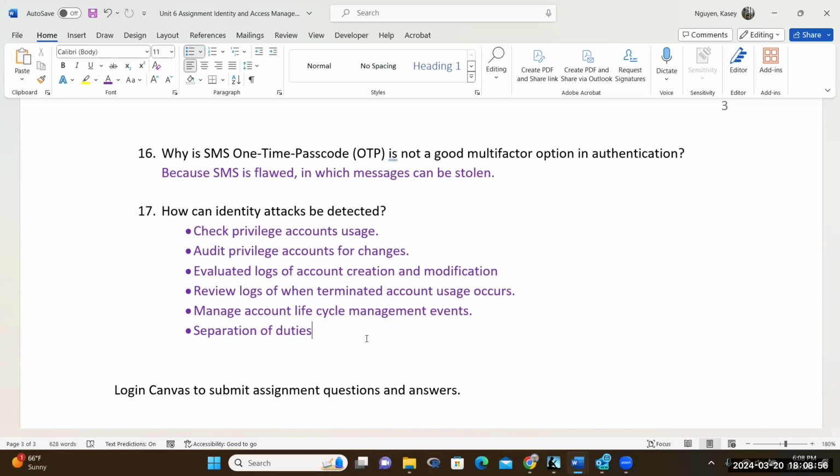So theft. Roles that might overlap and could create fraudulent activities, we want to stay away from. So separation of duties is important.